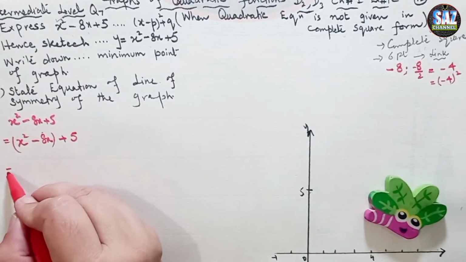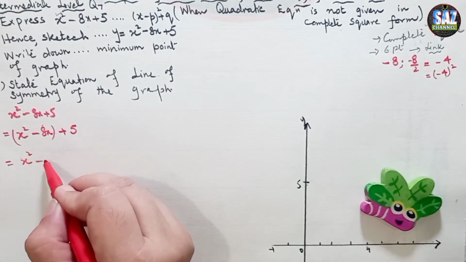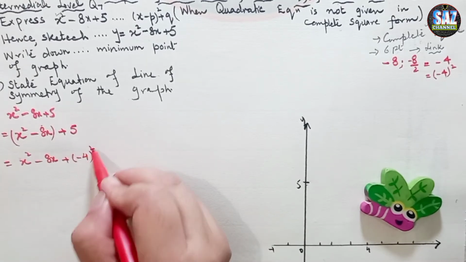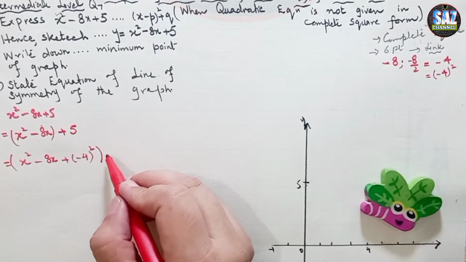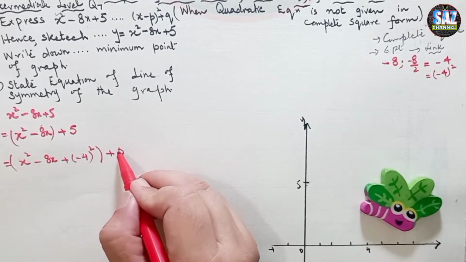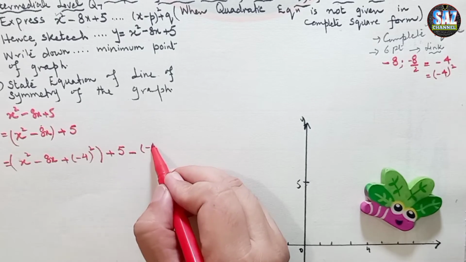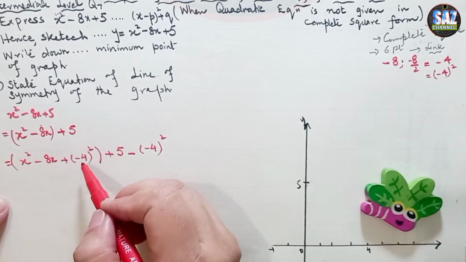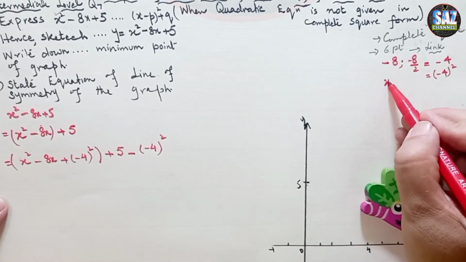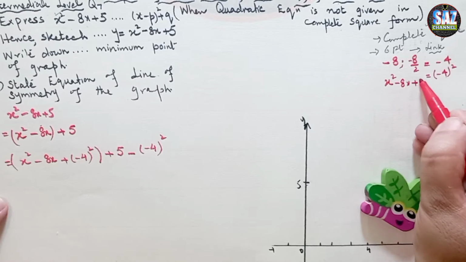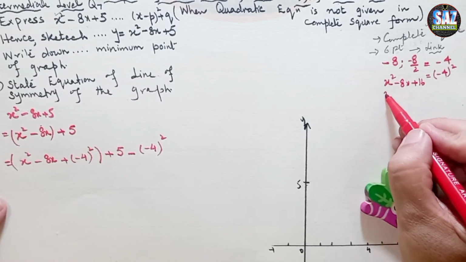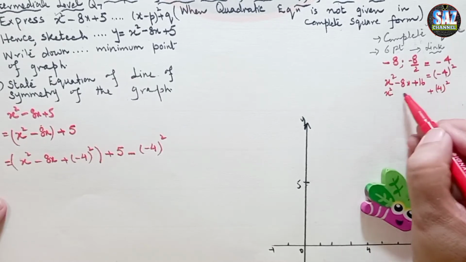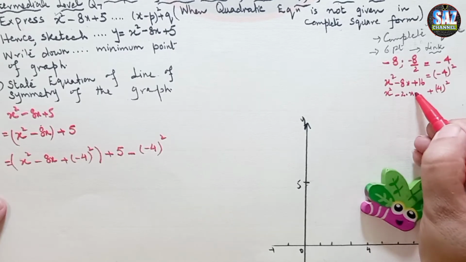So my expression will take the form x square minus 8x and then plus minus 4 square, and these three terms will be kept in one bracket, and then plus 5 and minus 4 square. If we expand this 16, we have the expression x square minus 8x plus 16, and we can apply the identity a square plus b square minus 2 into a into b.